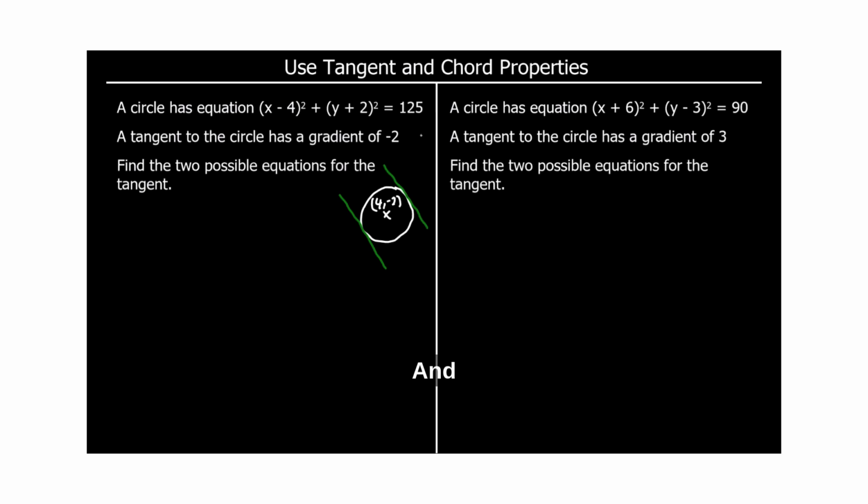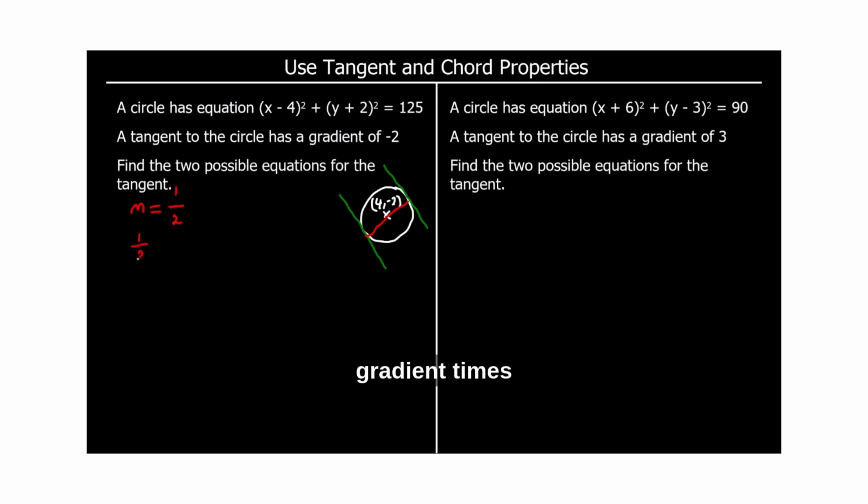And we know that a tangent and a radius meet at a 90-degree angle. So we can work out the gradient of the radius. It's a negative reciprocal of negative 2. So that is positive 1/2. And we can use the 4, negative 2 to find the equation of the radius.